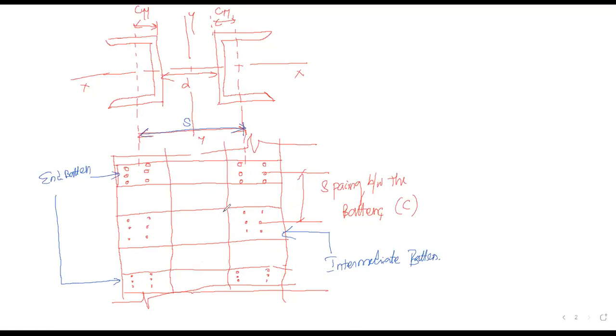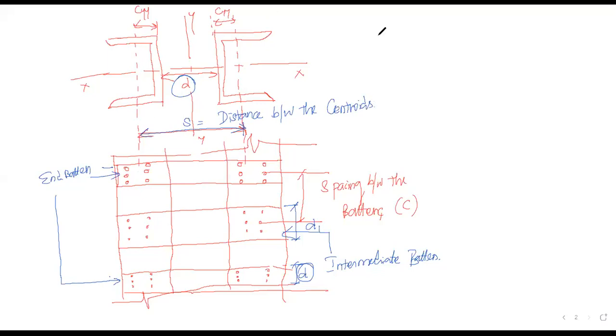The depth of this batten is nothing but D1, and the depth of the end batten is nothing but T. So don't confuse this D and this D. And next, this one we are going to say is the distance between the centroids.